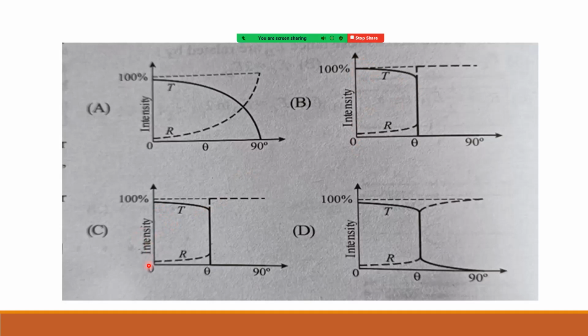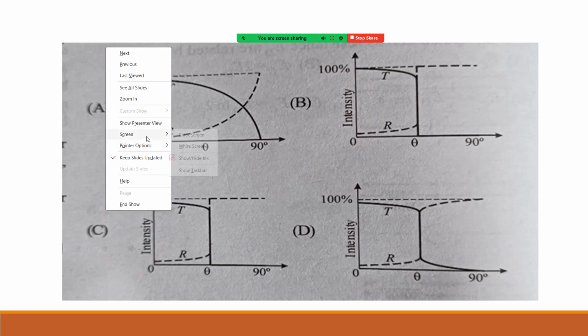And coming to C, reflection is non-zero, transmission less than 100, sum equal to 100. Which means if you take the total energy, energy reflected plus energy transmitted, sum equal to 100. But coming to here, transmitting energy is 100%, and reflecting is non-zero. That means the total value is greater than 100, which is not correct.